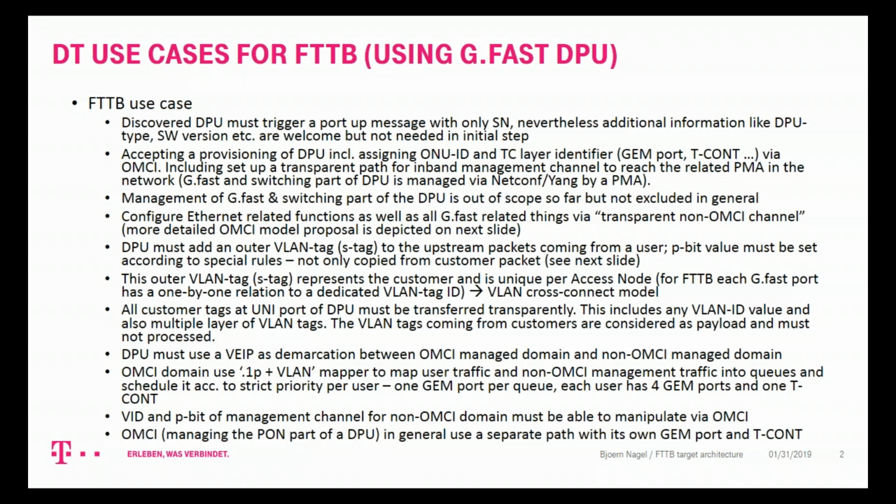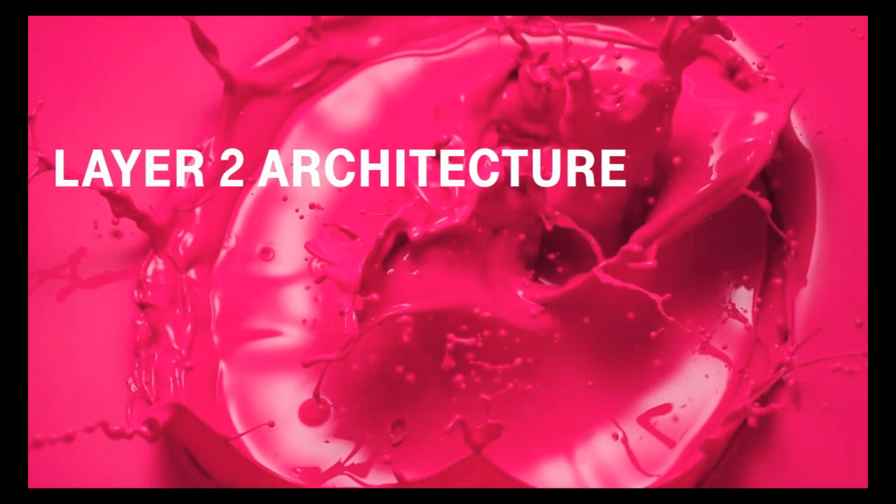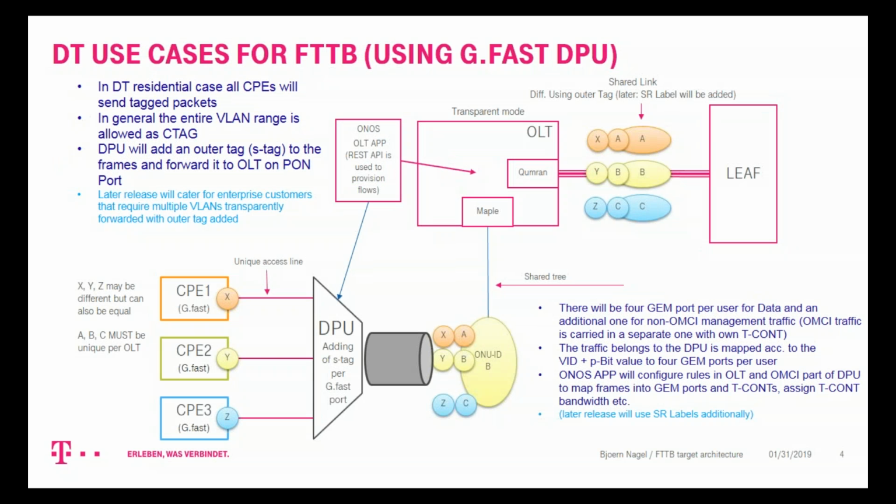The OMCI path for the management of the PON part of the DPU in general uses a separate path with its own GEM port and its own TCONT. So these are the general statements, and then let me come to some figures which reflect more or less what I mentioned already. Here is some more detailed information, a little bit more visualized, but in general it reflects what I mentioned.